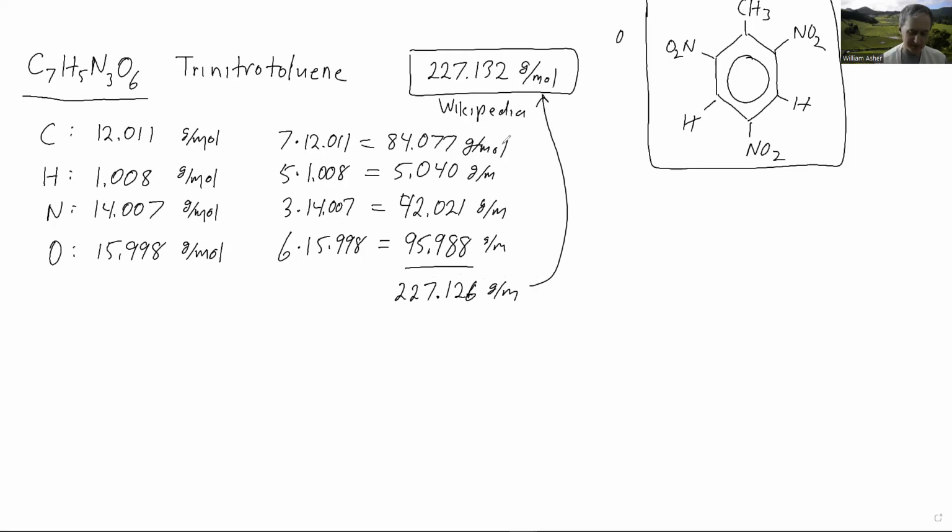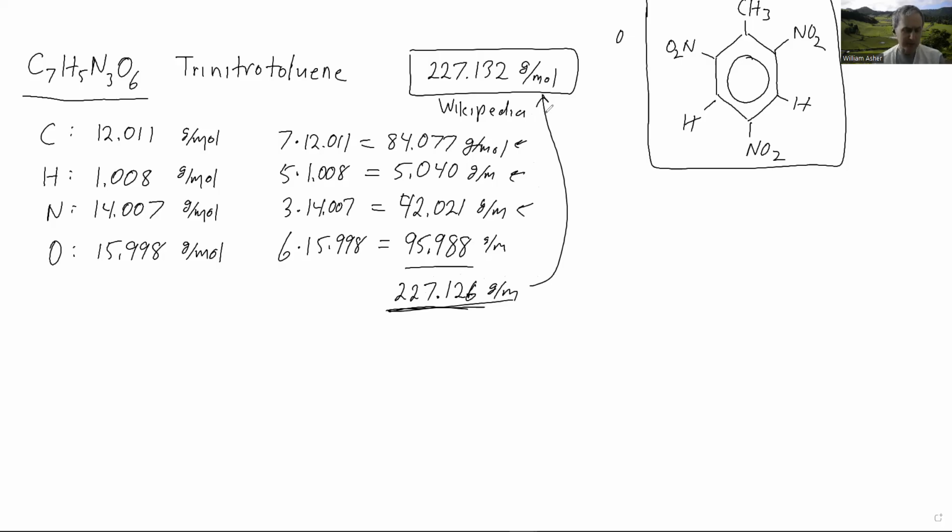The difference is that there are some round-off errors in each of these masses, and it's contributing a little bit. So this is close enough, 227.126 grams per mole, and we'll take that as our molecular mass of TNT. You could use the value from Wikipedia. It doesn't really matter at this point. You'll get pretty much the same answer.